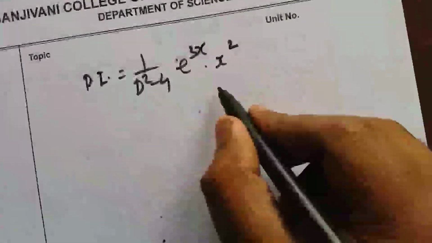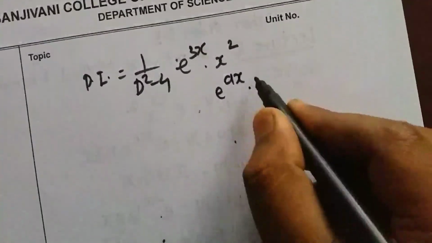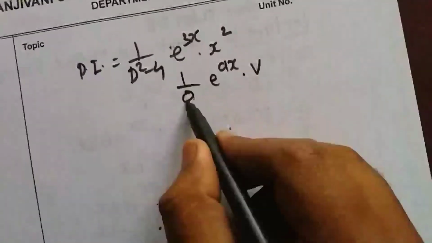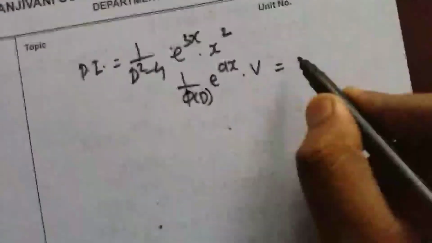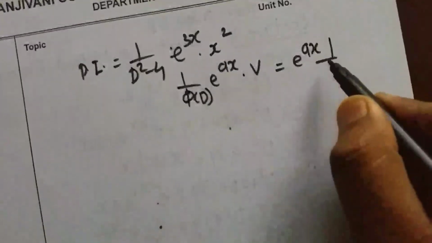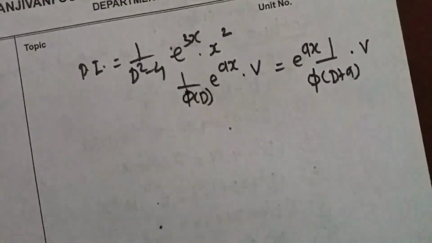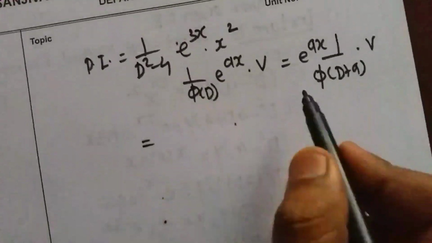Now what situation do we have here? Here we have the situation e raised to ax into V. So for this case, 1 upon phi of D, how do we solve? We take e raised to ax outside, then we replace D by D plus a, and we keep V as it is. Okay, so let us apply the similar thing here.